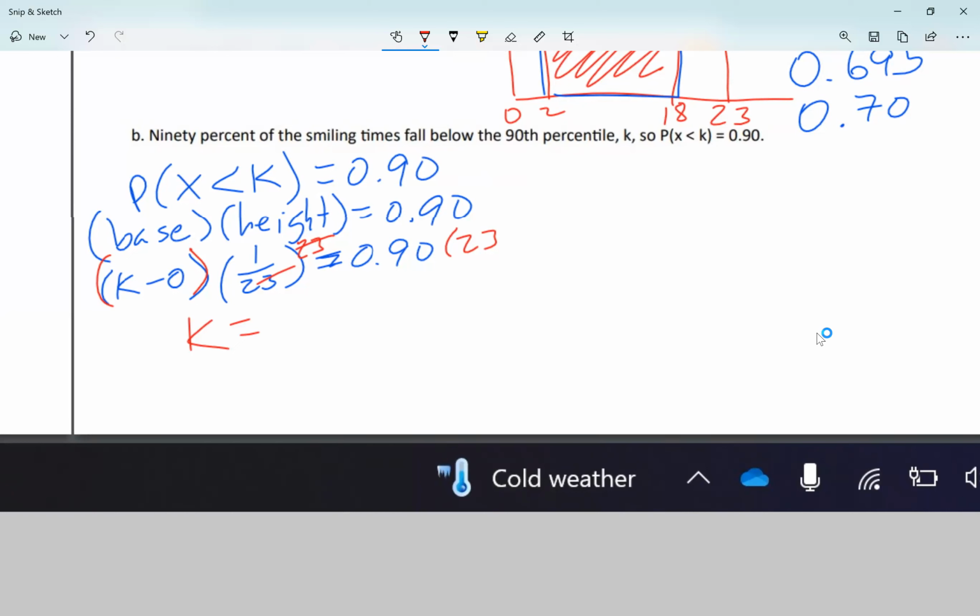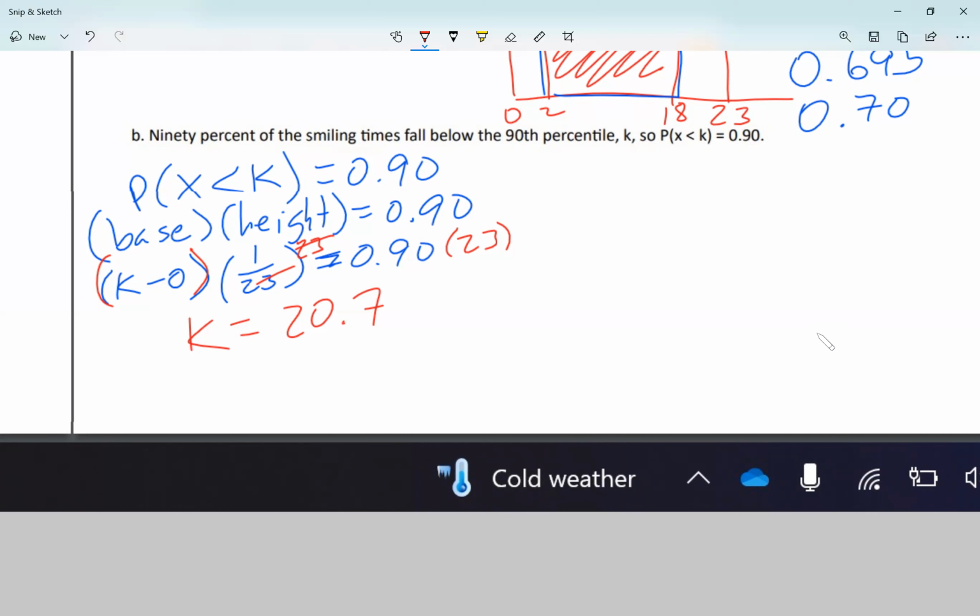Now, on the other side, 0.90 times 23 gives me 20.7. So 20.7 is the 90th percentile. What does 90th percentile mean? It means 90% of our population is below 20.7.